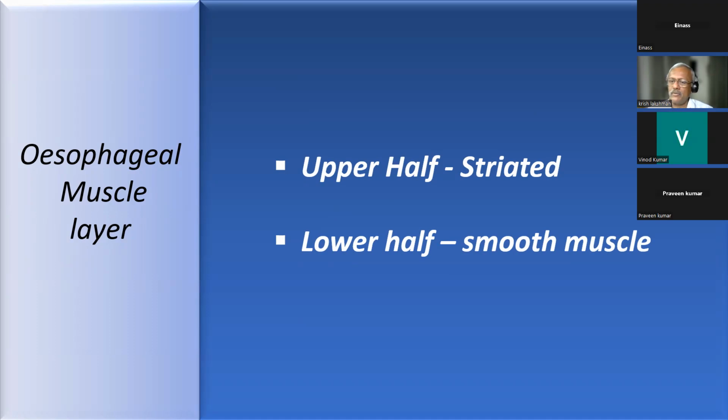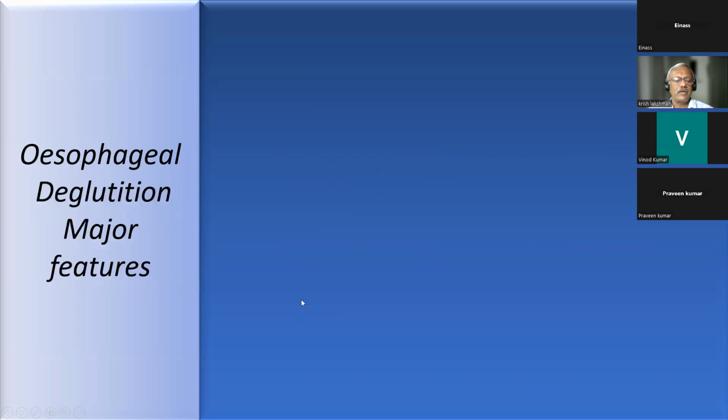There's a transition between striated and smooth muscle, not clearly defined in terms of anatomy, where you'll have a combination of both. So most of the upper esophageal issues can be attributed to striated muscle issues. The lower half, which we are discussing today, involves mostly the smooth muscle. That is the peculiarity of the esophagus.